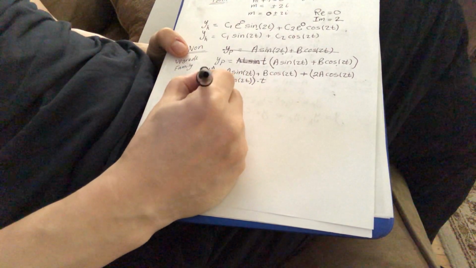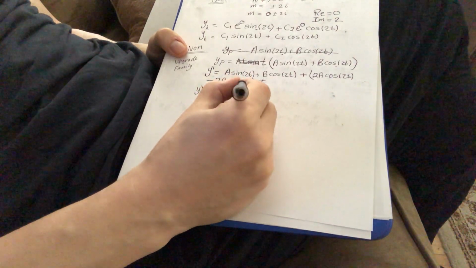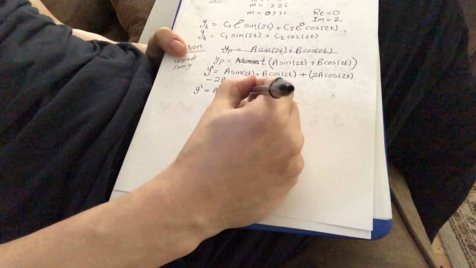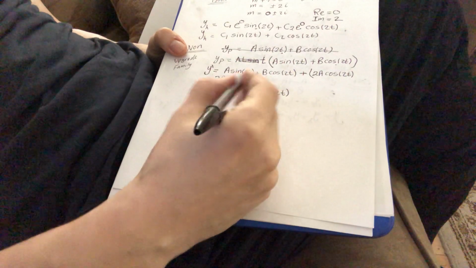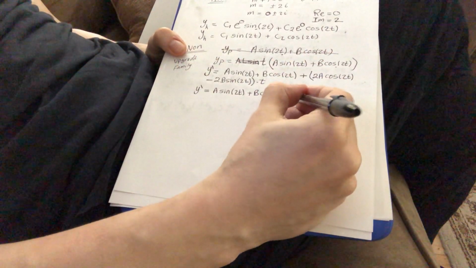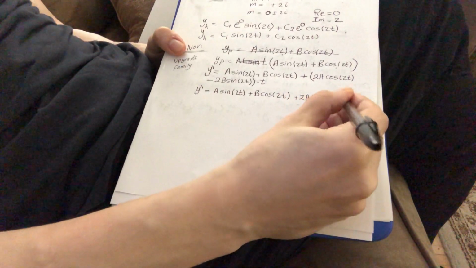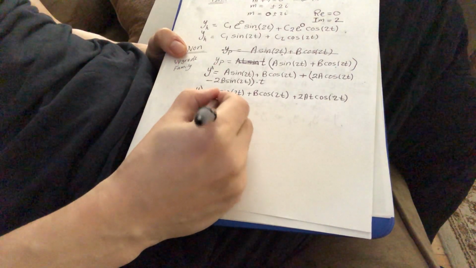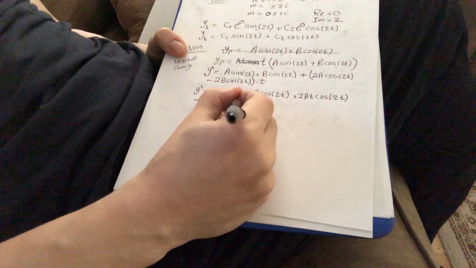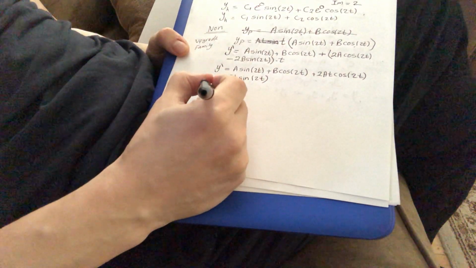If you want to write it so that it looks a little bit better, it's a sine 2t plus b cosine 2t. Now take the t inside: 2a t cosine 2t, and this would be minus 2bt sine of 2t. This is the first derivative. But in order to solve for this, we need the second derivative.